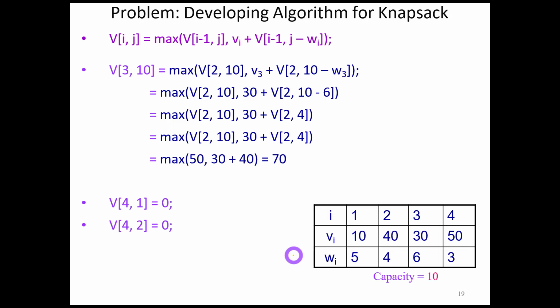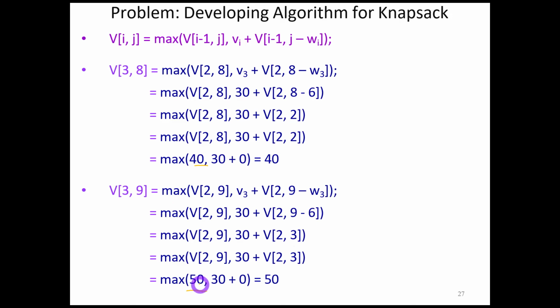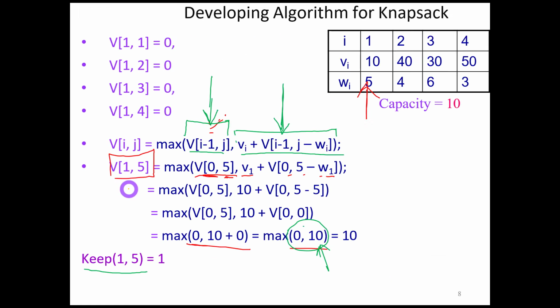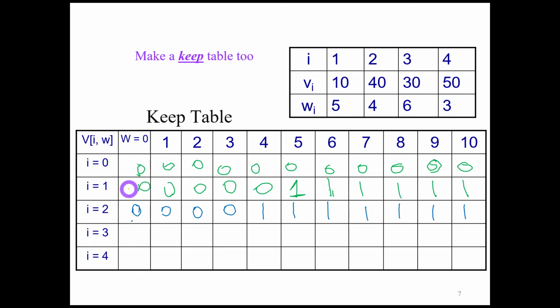Let me fill all these values till 3, 9 for keep. So keep is 0 over here, 0, 0, 0. This is 0.